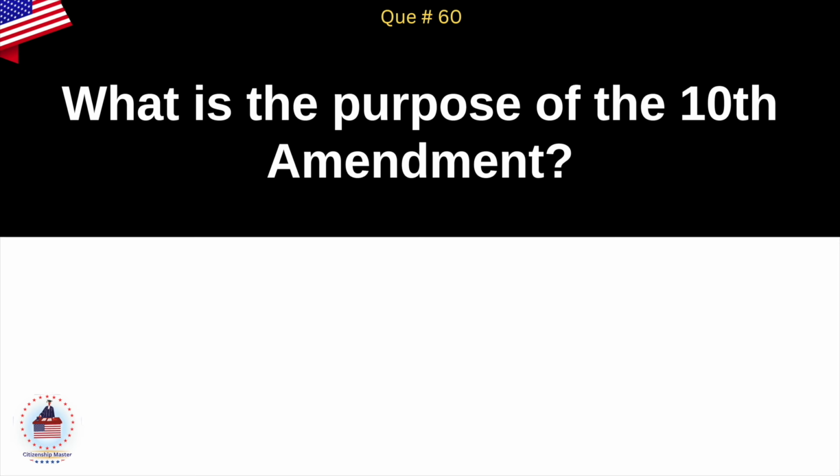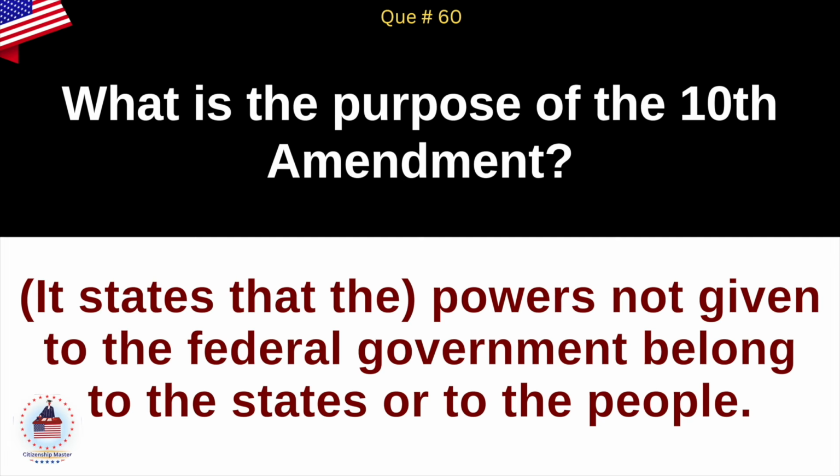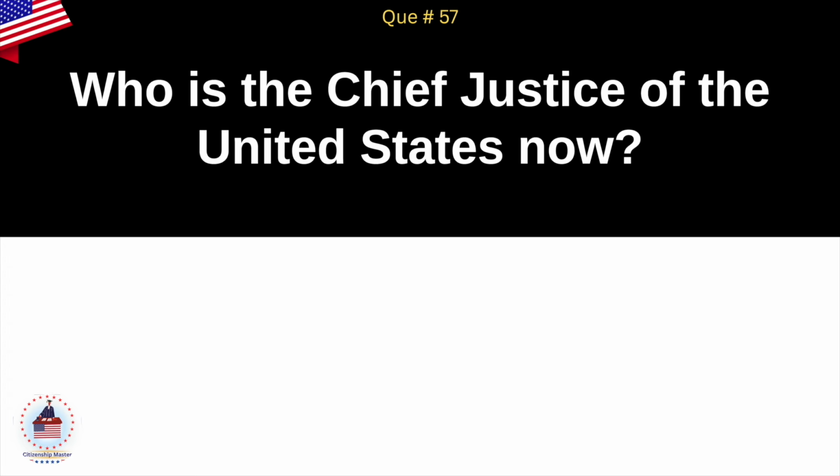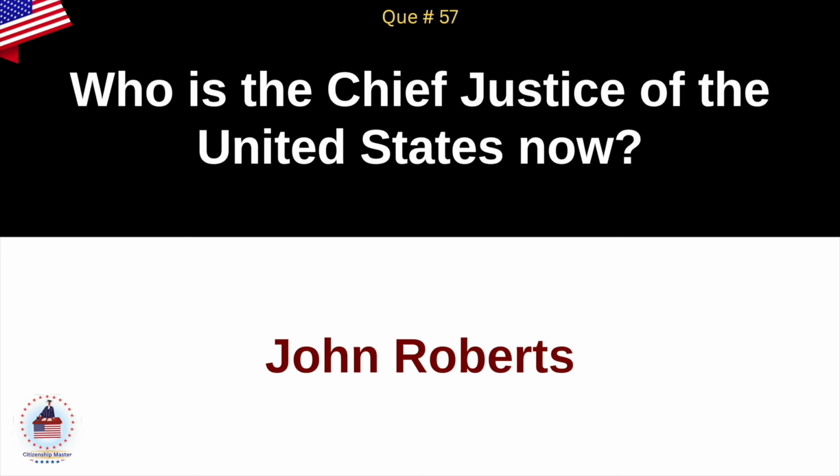What is the purpose of the 10th Amendment? It states that the powers not given to the federal government belong to the states or to the people. Who is the Chief Justice of the United States now? John Roberts.